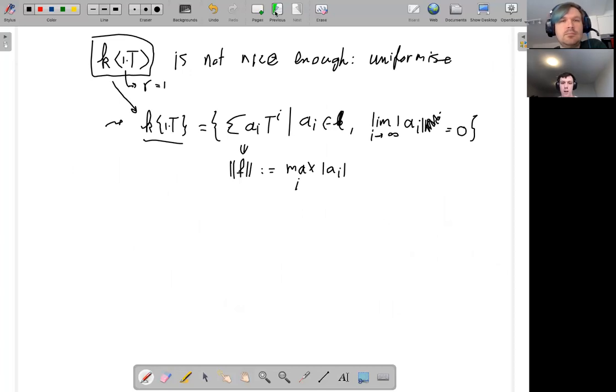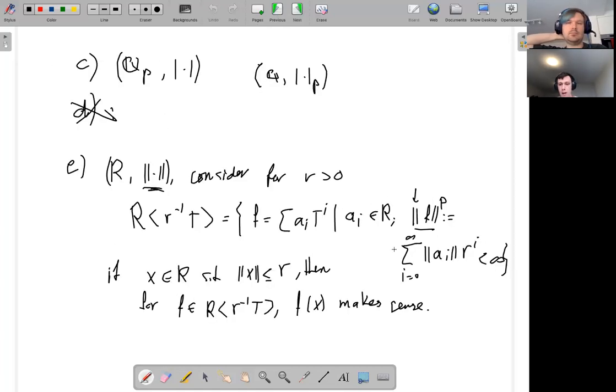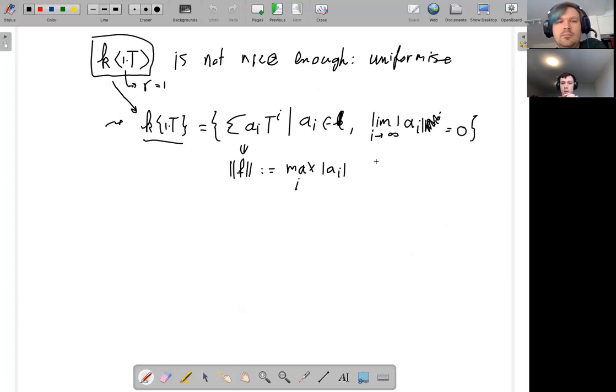And also the norm is different. Here you take the sum of all the absolute values, and here we just take the maximum. So this is something else.